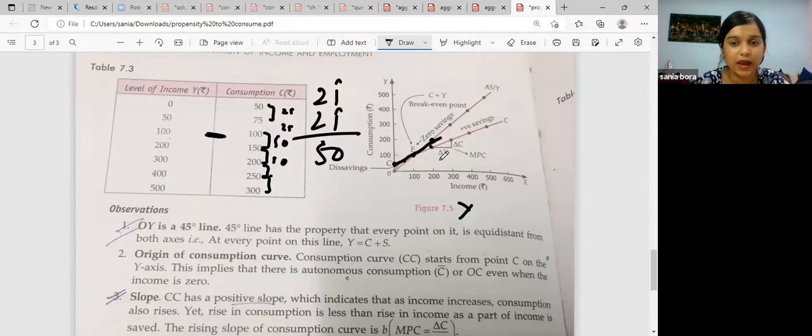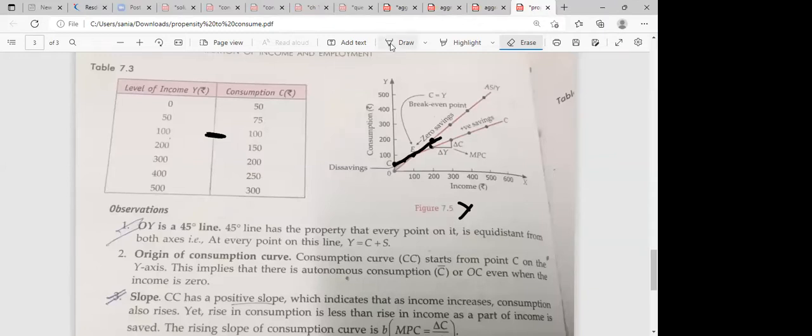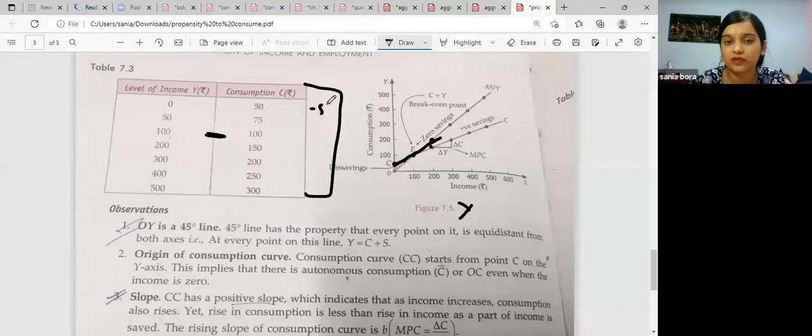Clear? And now coming to your savings. You will draw the saving curve as well, in the same direction, and from here you can find out the savings. You can find out the saving, girls? Yes, ma'am. Very good, because we have already done it. So the first one will be minus 50.